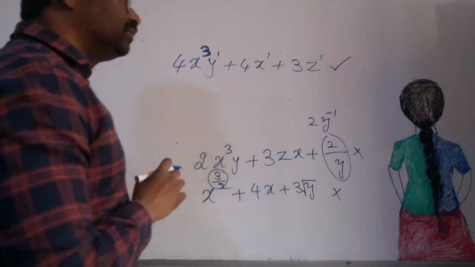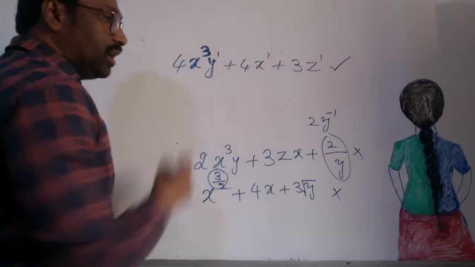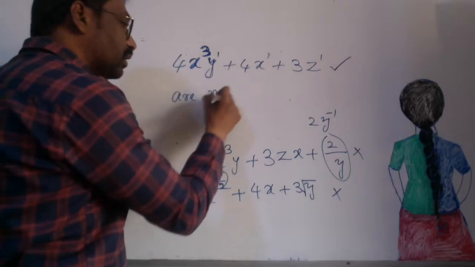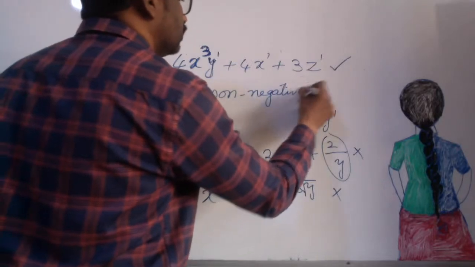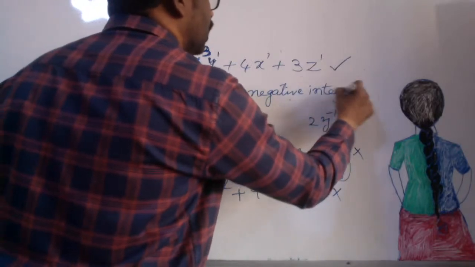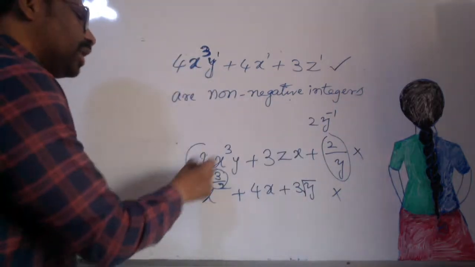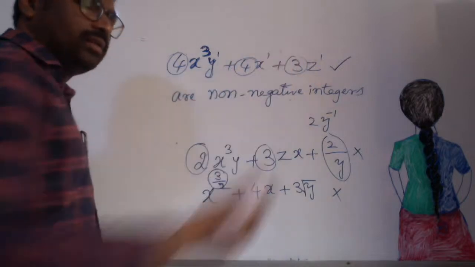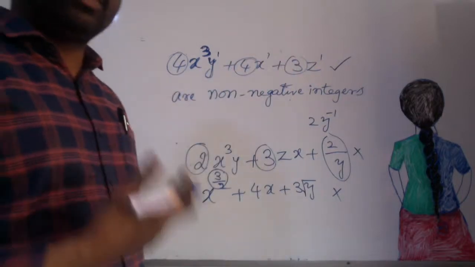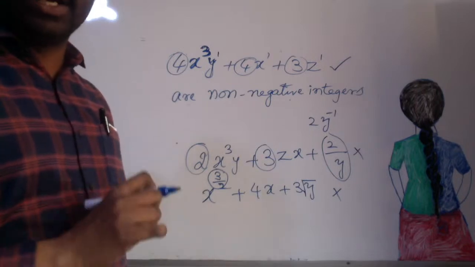So the powers of the variables are non-negative integers, and the coefficients are real numbers: any real number, whether integer, whole number, natural number, rational or irrational.